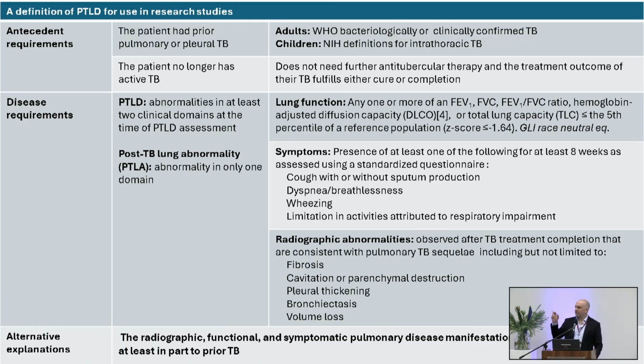I don't know if we have enough data right now to justify a more detailed radiographic system. The way this definition could go out on a limb is to say cavitation matters more than fibrosis, and pleural thickening matters less than bronchiectasis. We just don't know that. The way to handle it, again, is about harmonization as much as it's about PTLD versus PTLA.